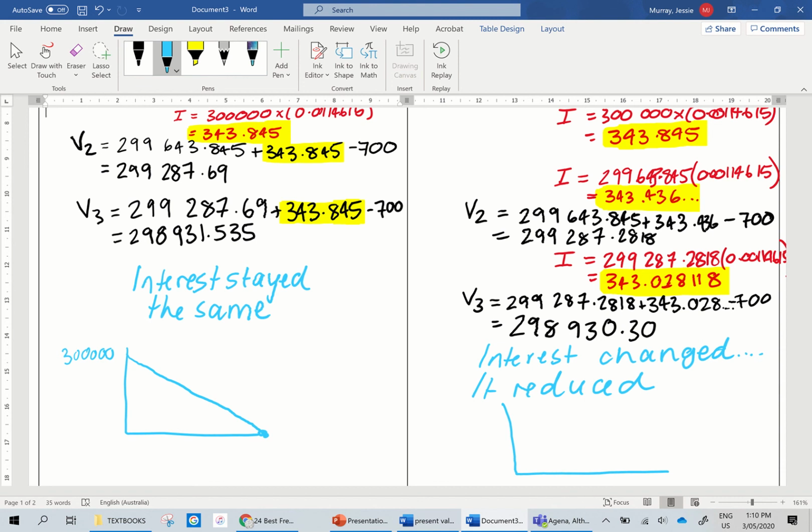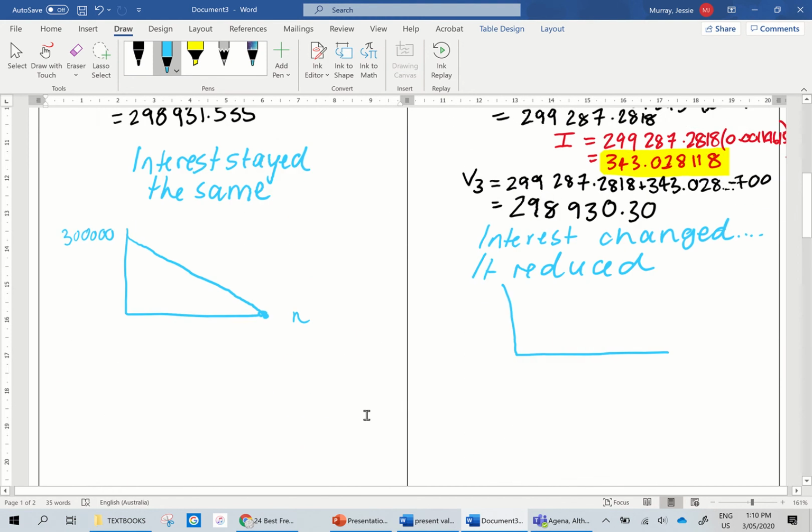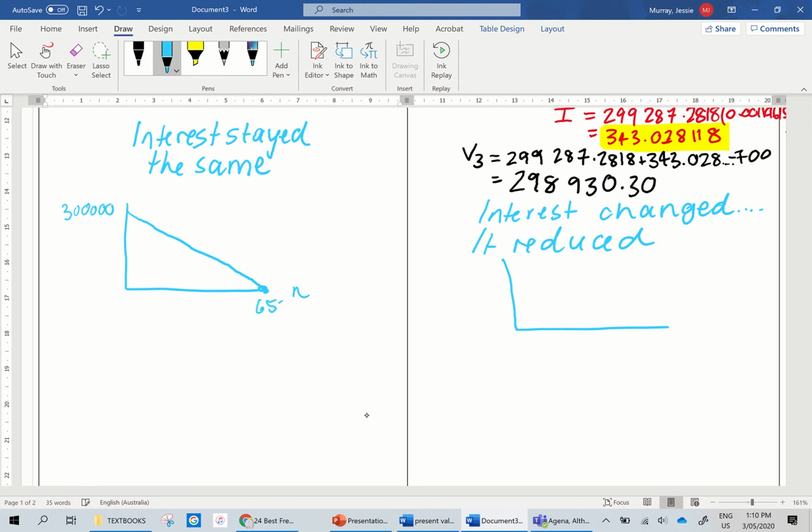So if this is my number of time periods, eventually it would get down to, what was it? 650 fortnights, yep. After 650 fortnights, it would get down to zero. And it's a straight line because the same amount is being paid off every week and the same amount of interest being charged every week.